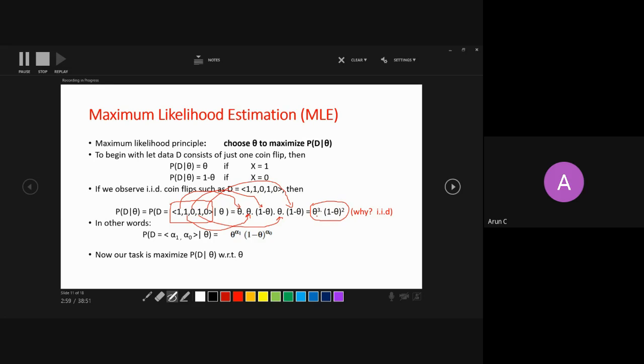If I say that the probability of seeing a head is 1, so the probability theta is 1, what is the probability of seeing this data set 11010? So 0. Very good, very nice. No chance, exactly.